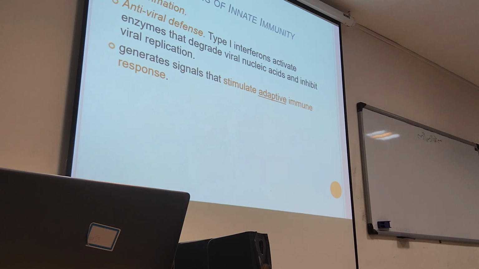Macrophages also do inflammation, because they are part of innate immunity. And also we have antiviral defense, and innate immunity is important in the stimulation of adaptive immunity.